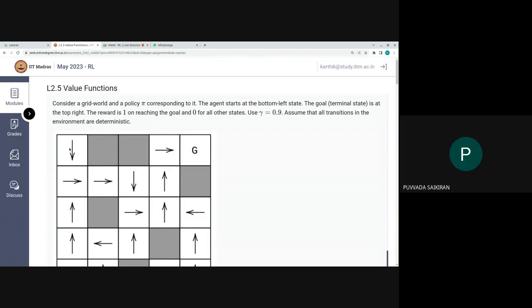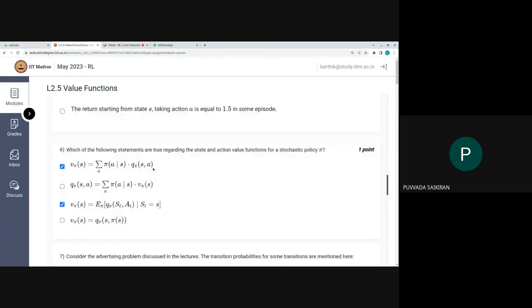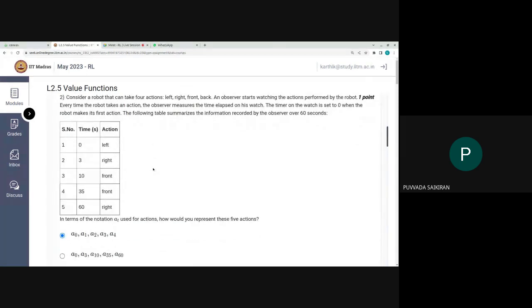The transition is defined in such a way that if you try to make a move that takes you off the grid, you will come back to the same state. So you have a valid action there also. Only that the environment responds by pushing you back to the same state.